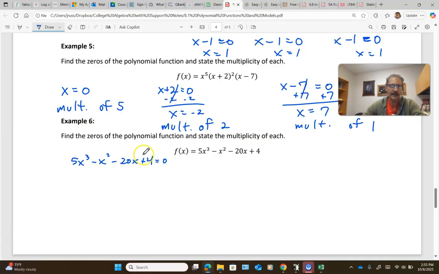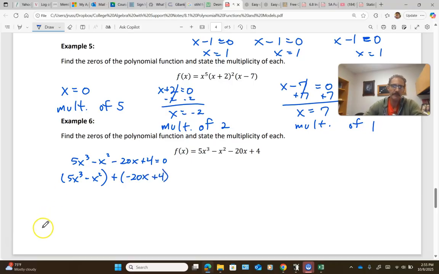However, I notice that it has exactly 4 terms. That's an indication to me that it could be possible to factor it by grouping. And so that's what I'm going to try. I'm going to group up the first 2 terms. You always want to put a plus sign. And if that third term is negative, that negative follows the number.